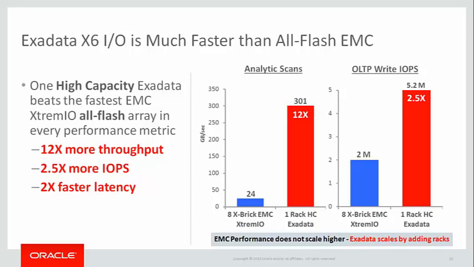So in terms of analytical scans, it beats EMC 12 times, and OLTP write IOPS 2.5 times. Plus, EMC's array you cannot scale by adding more of them. Exadata you can scale by adding racks. So this is just one Exadata compared with the EMC, but you can add more Exadatas next to each other and continue to scale.